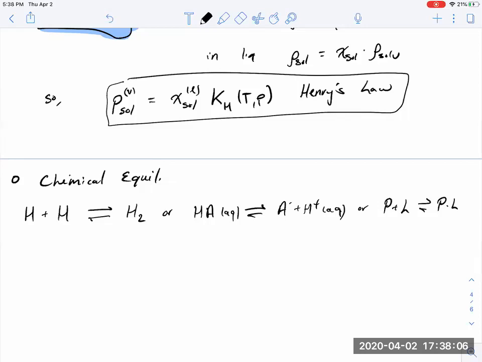In all of those cases, I can imagine a thought experiment whereby I run any of those reactions forward just a little bit. At, say, fixed temperature and pressure.